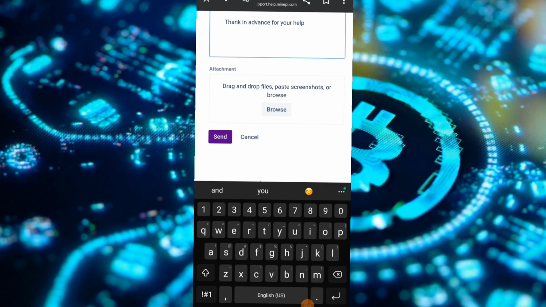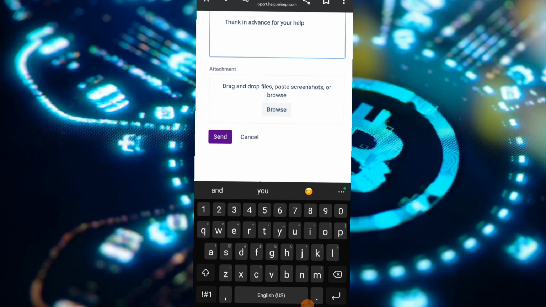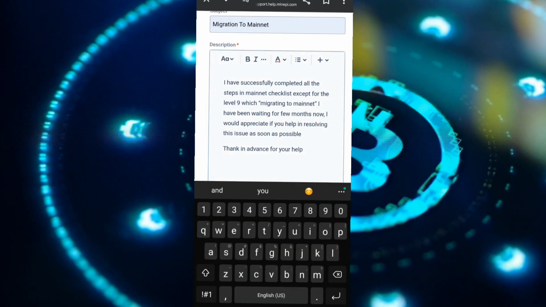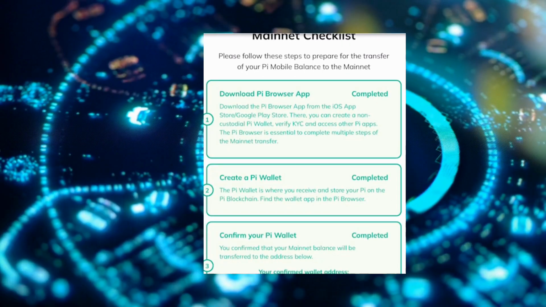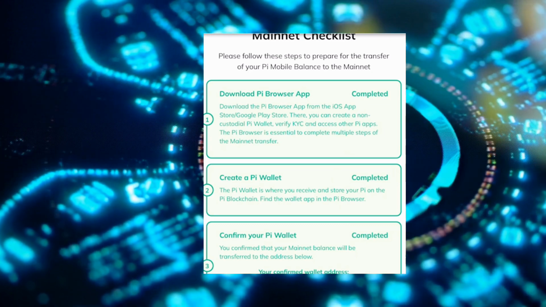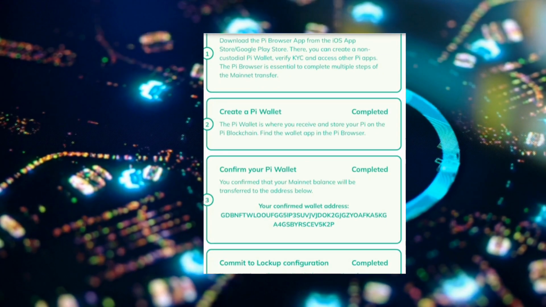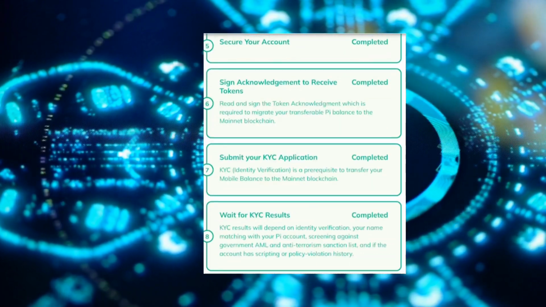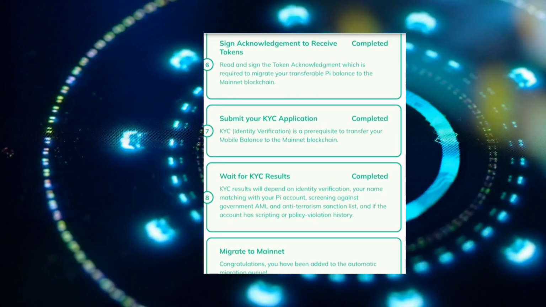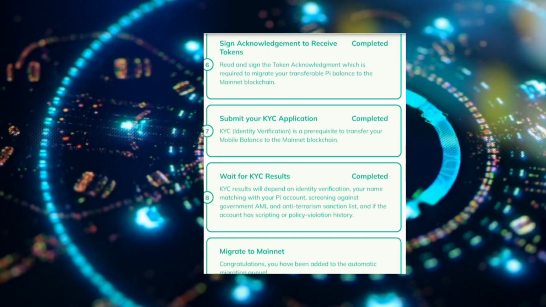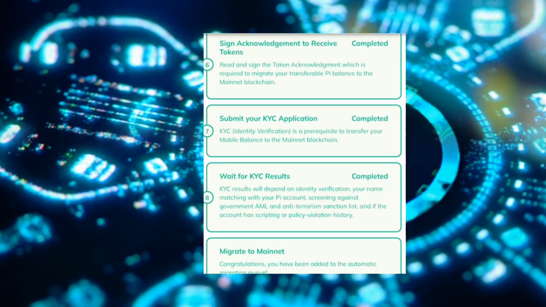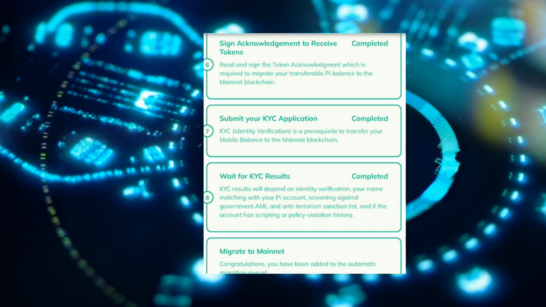And then you go and add your attachment. Make sure you screenshot this page, and make sure you screenshot where you are not migrated, that particular level 9, make sure it shows.